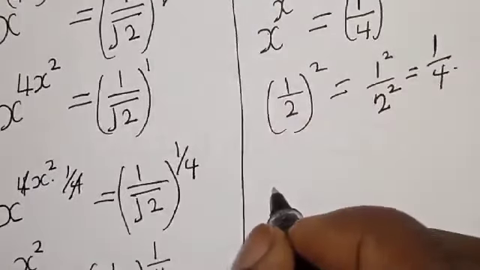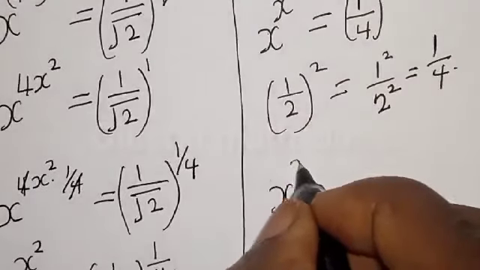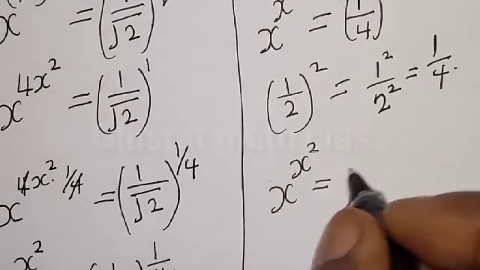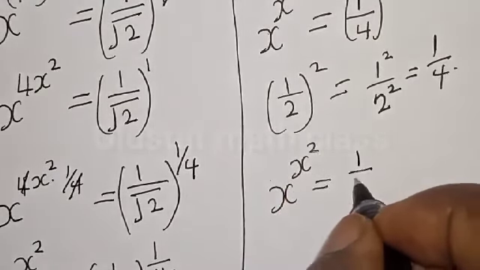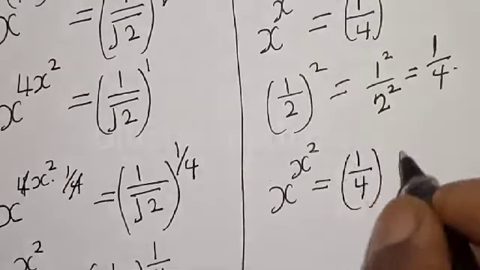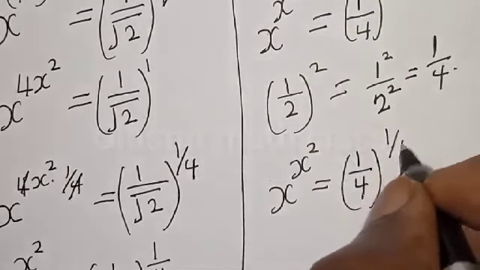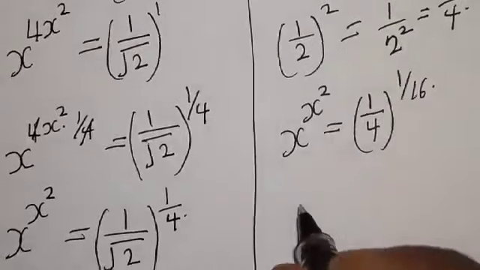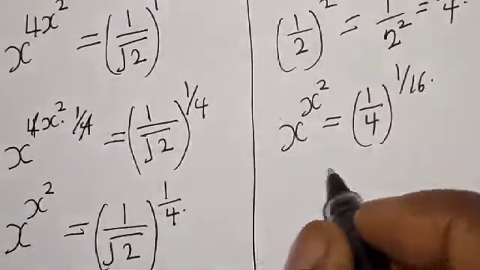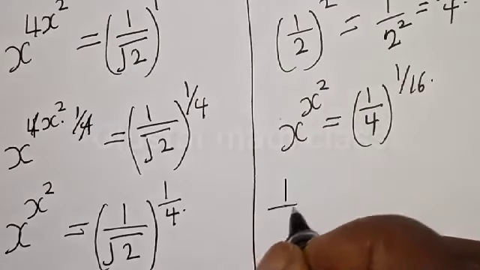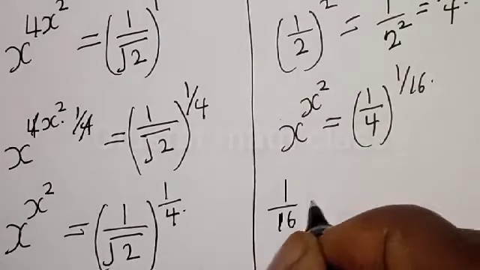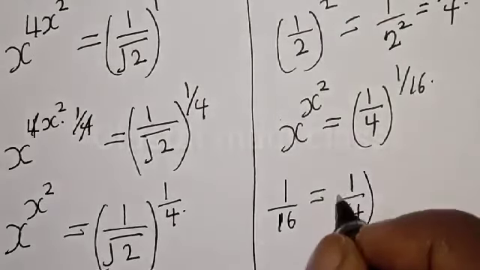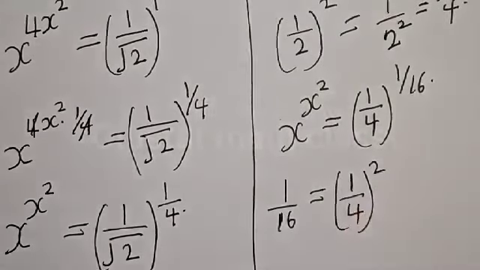Then we have, I repeat again, x raised to power of x squared will be equal to 1 over 4 raised to power of 1 divided by 16. Now, 1 divided by 16 can be rewritten as 1 over 4 all squared.